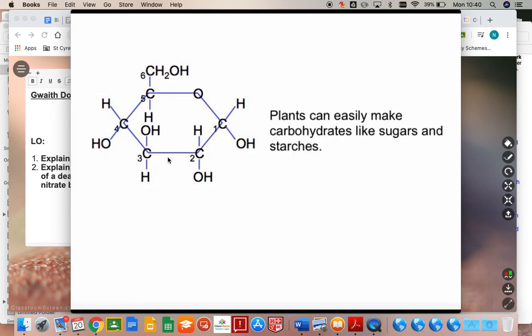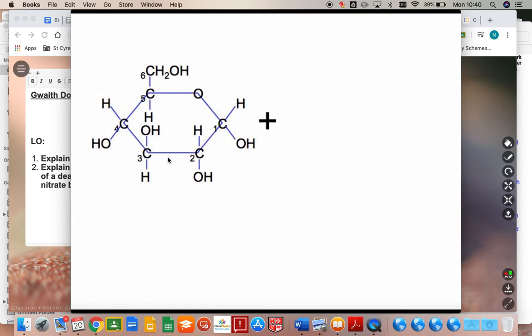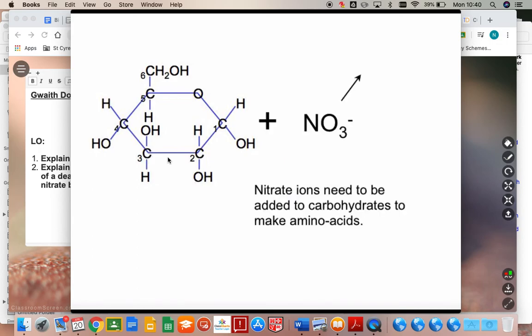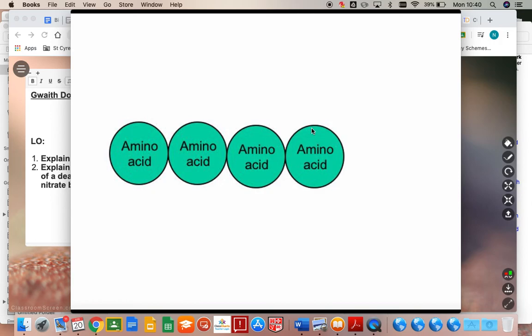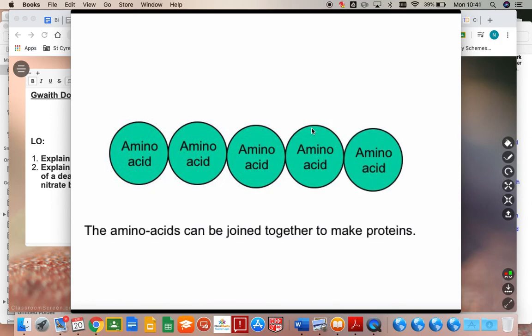Plants can make sugars really easily through photosynthesis, but to make proteins they need to add the element nitrogen, which they get from the mineral nitrates, NO3-. Once they've made their sugars and got the nitrates from the soil, they can turn those into amino acids, and build amino acids up together to make proteins.